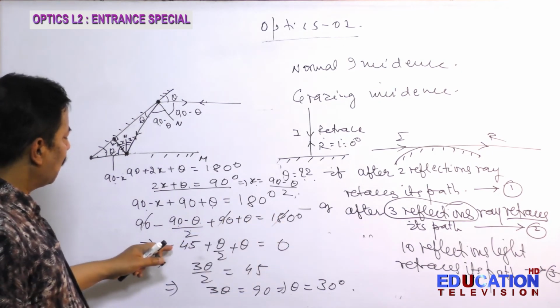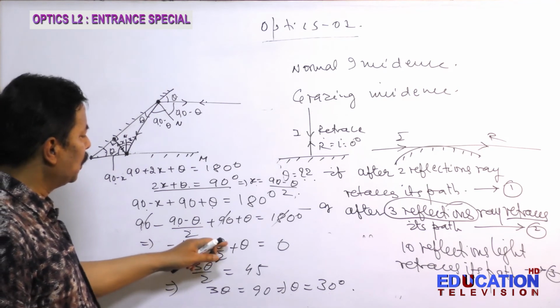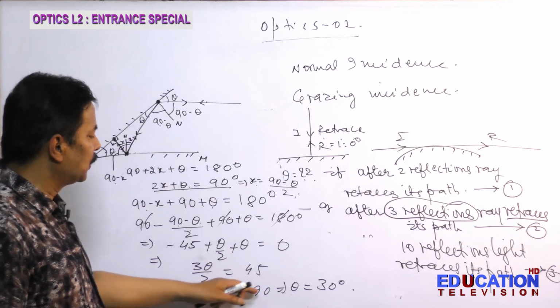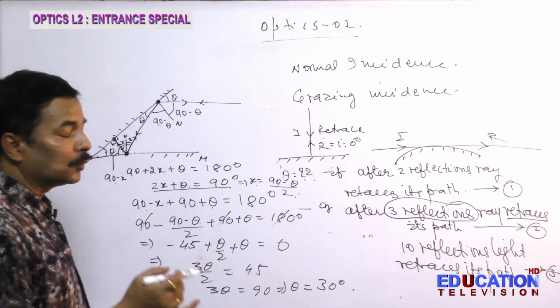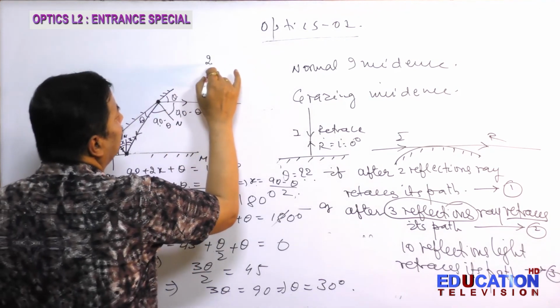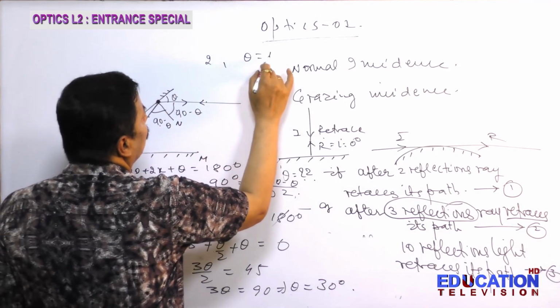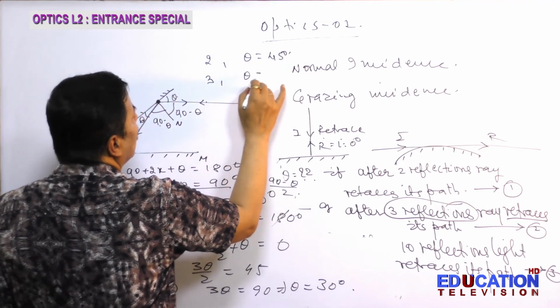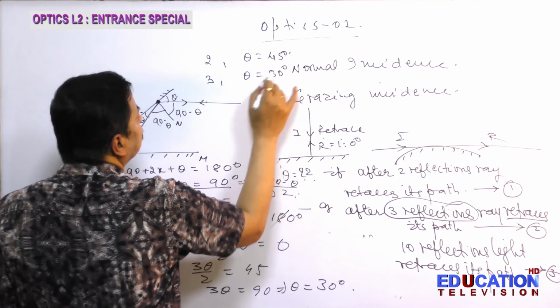So minus 45 plus theta by 2 plus theta is equal to 0. We are getting 3 theta equal to 90, so theta is equal to 30 degree. So in 2 reflections we have got theta equal to 45 degree, and in 3 reflections we have got theta equal to 30 degree.